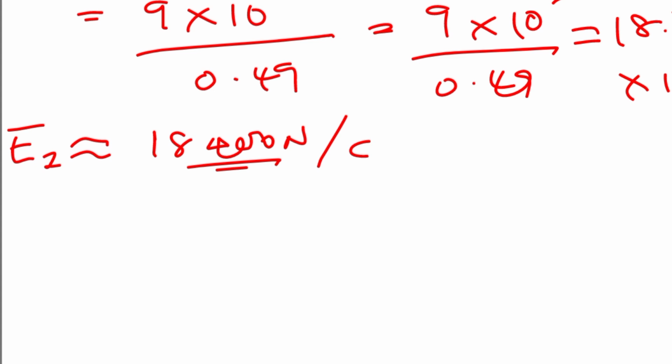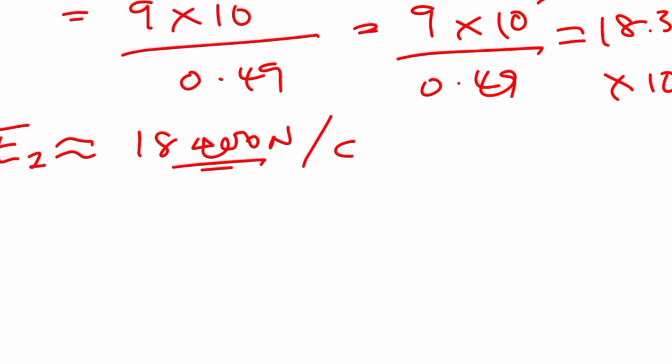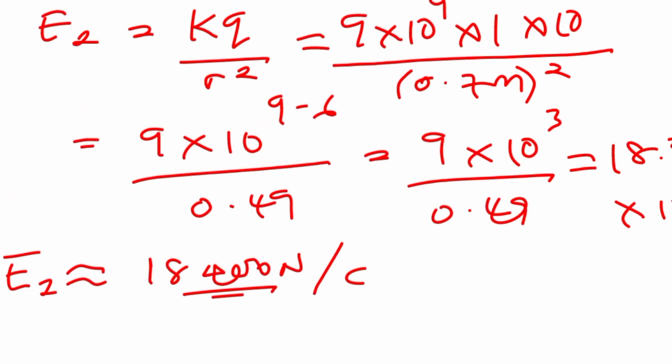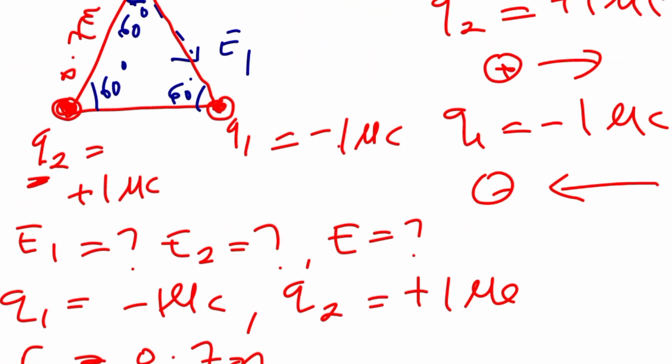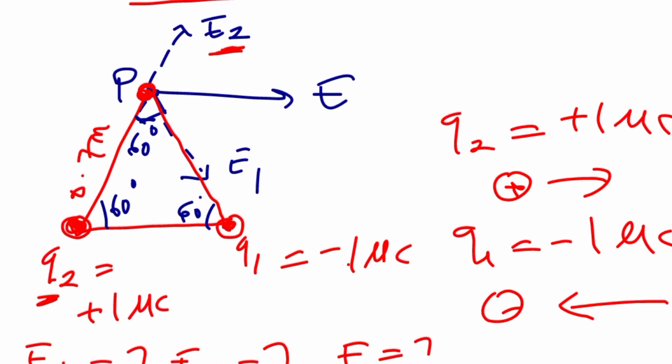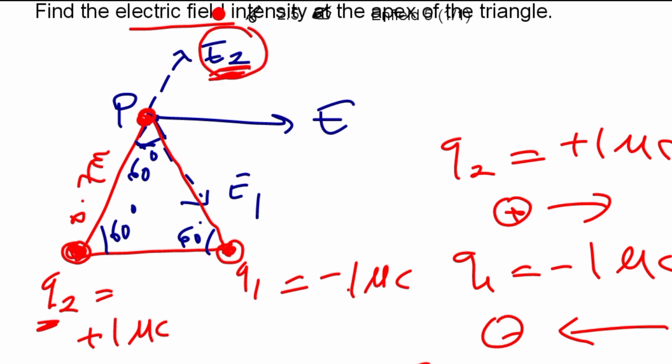The second thing we also need to know, before then, is the angle that E2 makes with the resultant electric field we are looking for. So let's go back and see the angle it makes. We can see that E2, which is this one here, is making an angle of alpha, because the triangle has an angle of 60 degrees.